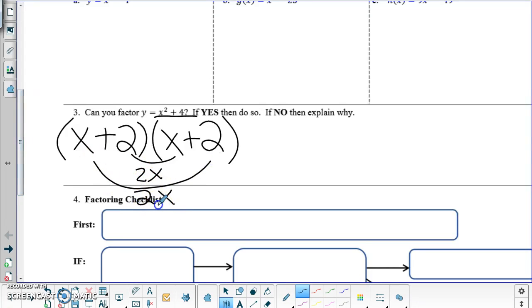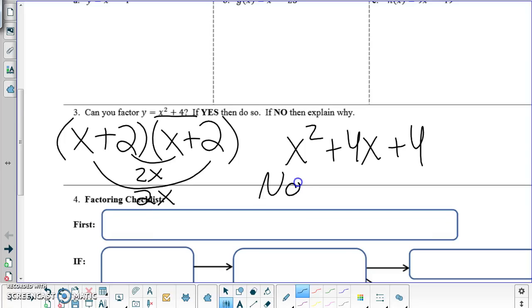No, those did not cancel. That would have given me 4x. So this one is not a difference of two squares. The inners and outers do not cancel. It has to be a minus sign, hence the name the difference of two squares.